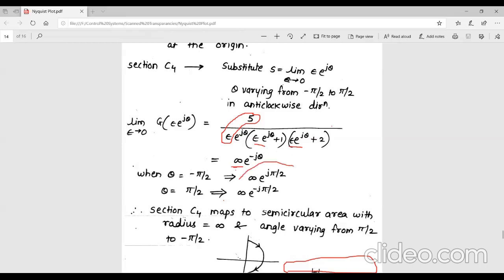So this is nothing but we get a semicircle with the radius to be infinity. That semicircle starts at pi by 2. It ends at minus pi by 2, right? So section C4 maps to a semicircular area of radius infinity and angle varying from plus pi by 2 to minus pi by 2. Is that okay?